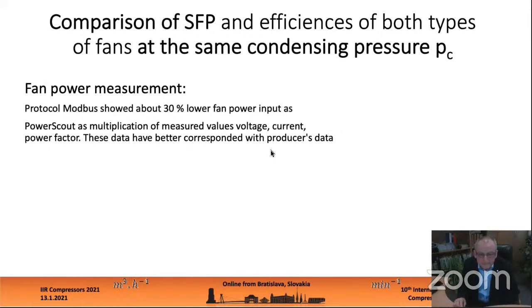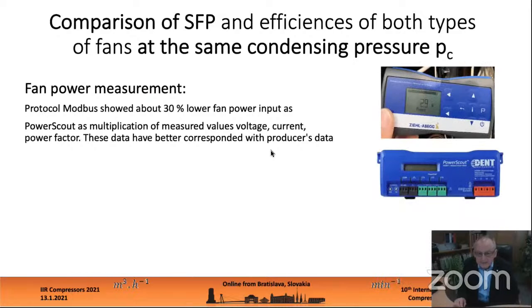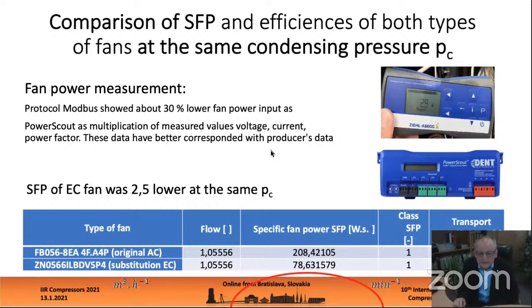The data from PowerScout corresponded better with producer data, and that's why they were used for the next calculation of SFP. Specific fan power of the EC fan was 2.5 times lower at the same condensing pressure than for the fan with AC motor.